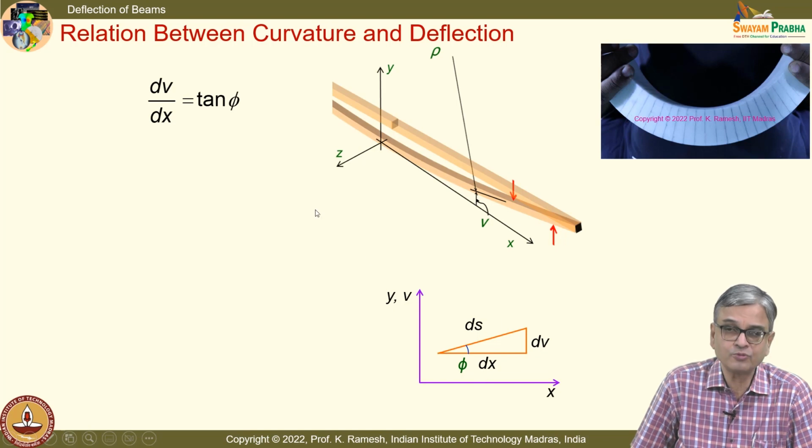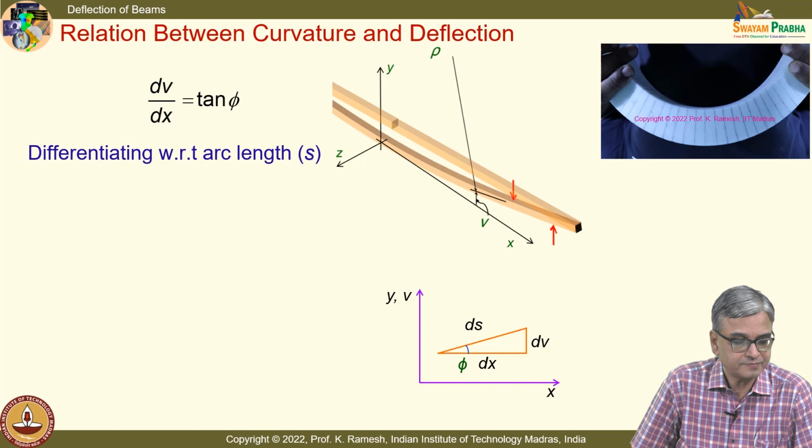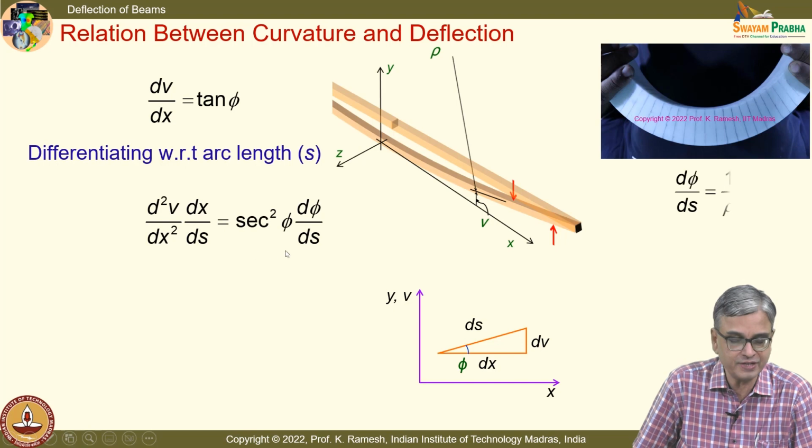Now, we will have to relate how to get the value of deflection V. We will differentiate this expression with d by ds. So, when I differentiate with respect to d by ds, I will have to differentiate with respect to d by dx multiplied by dx by ds. The derivative of tan phi is nothing but secant squared phi.